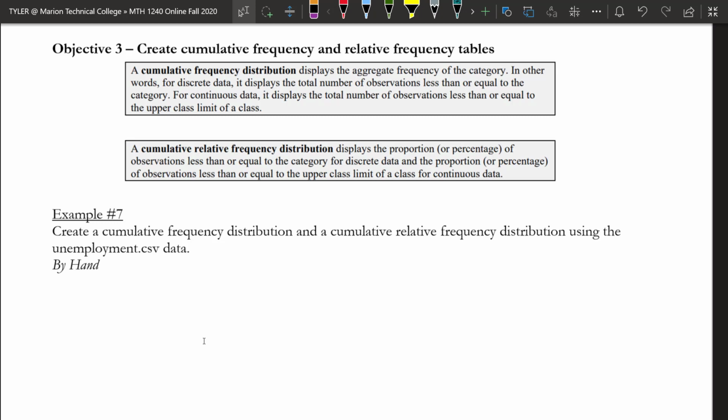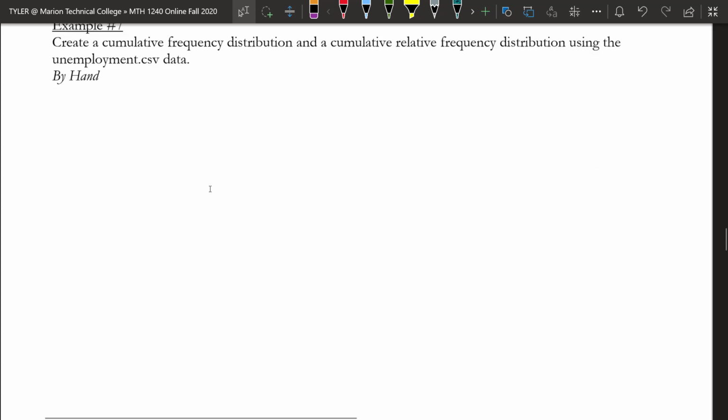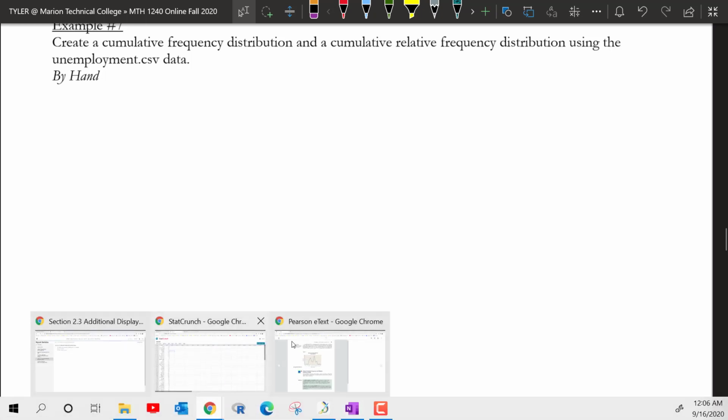So if we want to create a cumulative frequency like in example 7 using the unemployment data, we can go through that and show you how that's calculated. I'm going to use the classes like how StatCrunch calculates this, so I think it makes it a little easier.